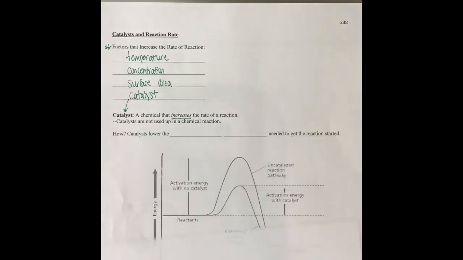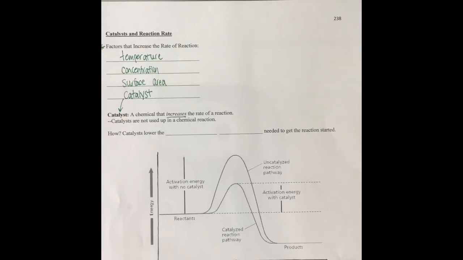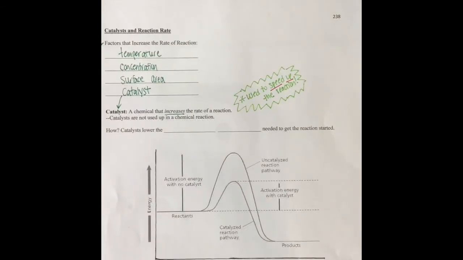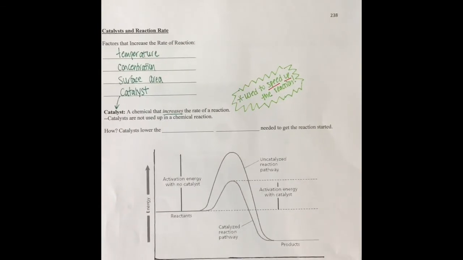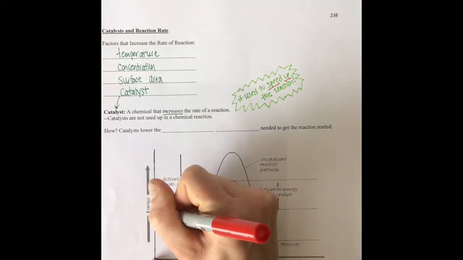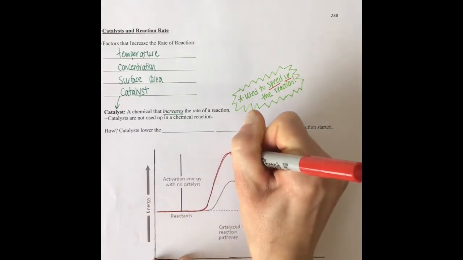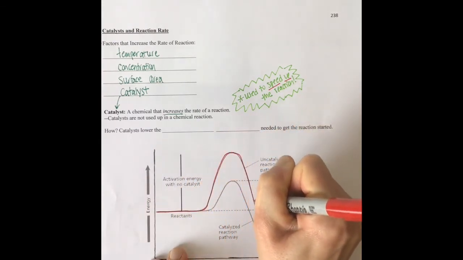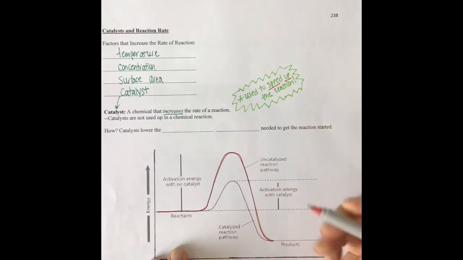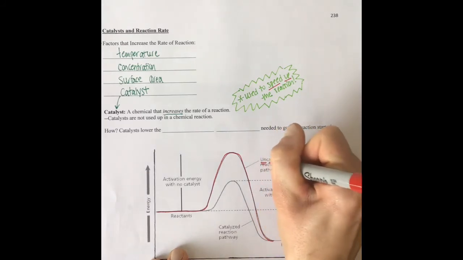So let's look down here at this graph at why catalysts speed up the rate of reaction. This graph below is showing you a reaction without a catalyst. I'd like you to make that one color. It'll be this top line. So, uncatalyzed reaction.